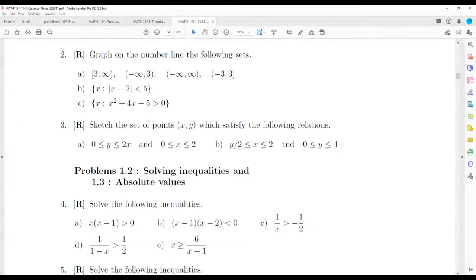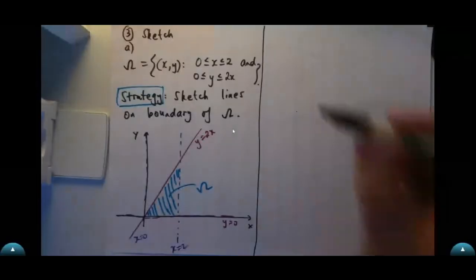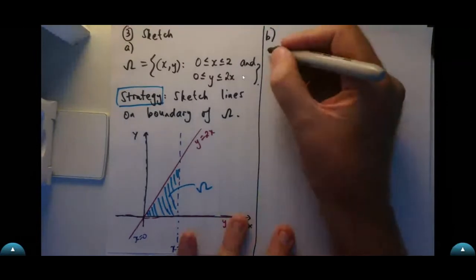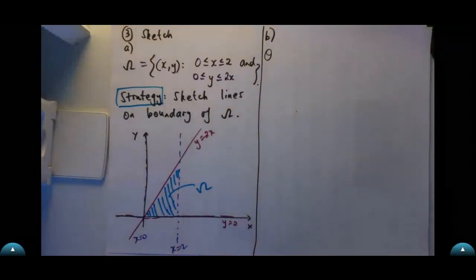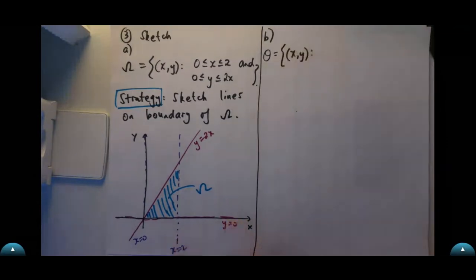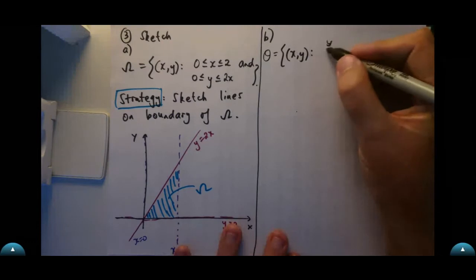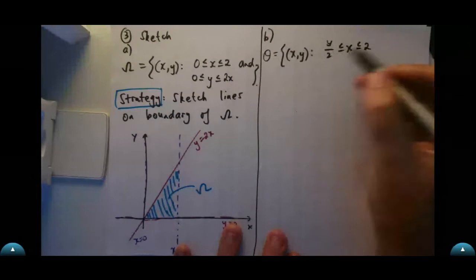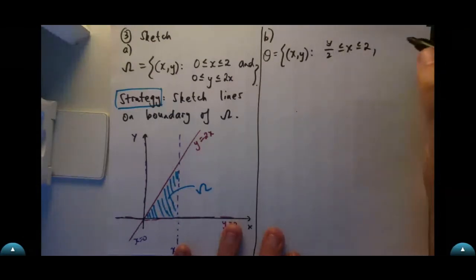So let's go back and we can see what that looks like in the same sort of setup. Let's call the set theta. It's going to be the set of points such that x is between y on 2 and 2, and y is between 0 and 4.